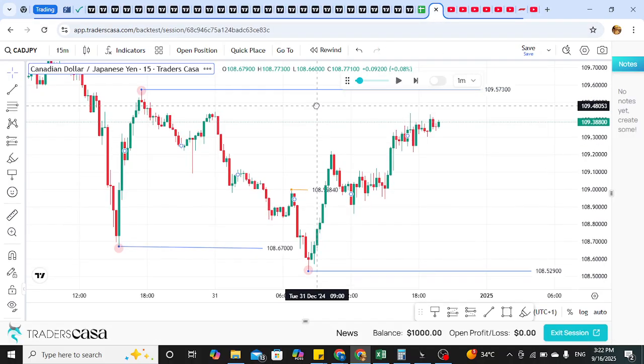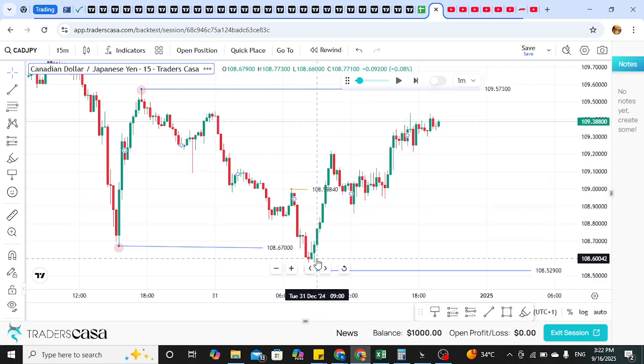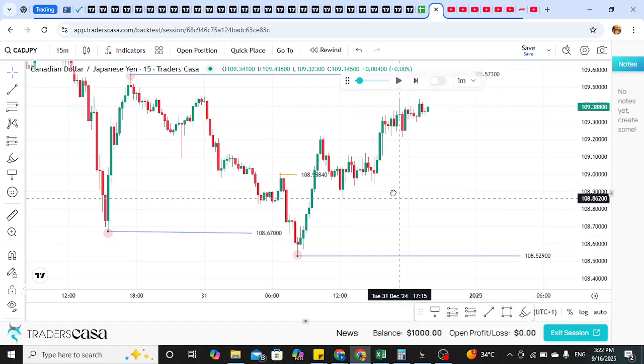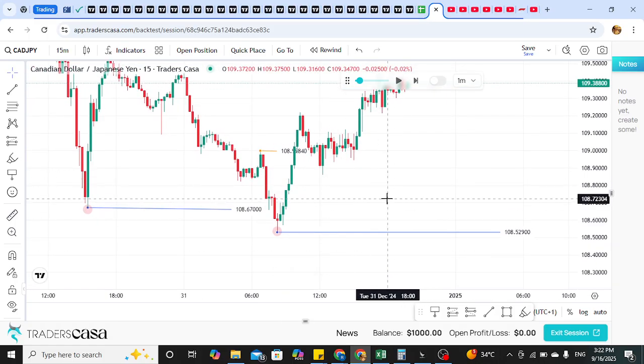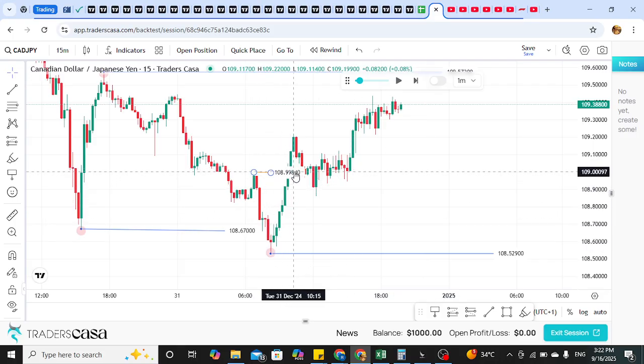Okay, so this is a downward trend, yes? So now if this low is broken, that means it's a break of structure, okay? An official break of structure because the inducement has been hit.